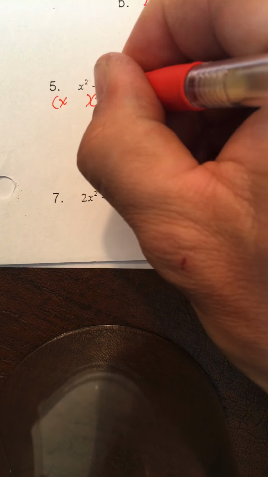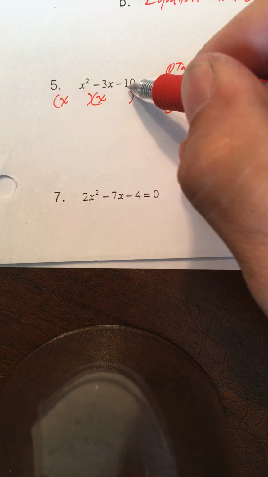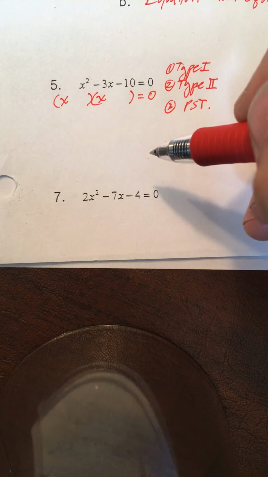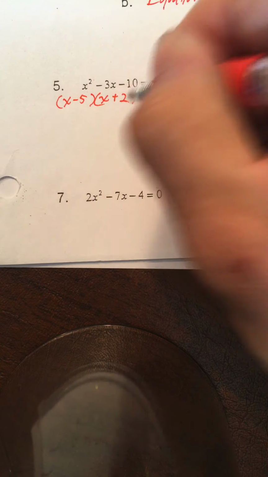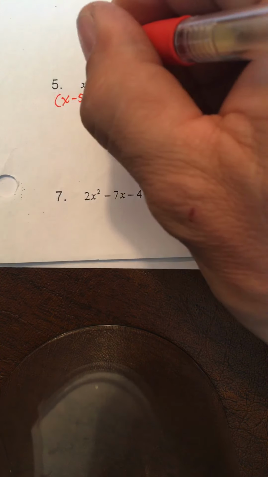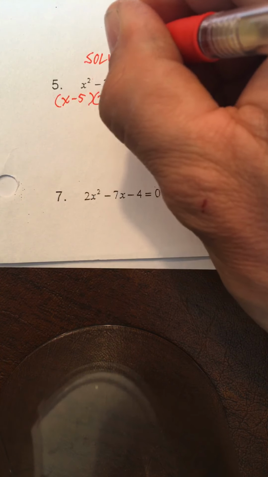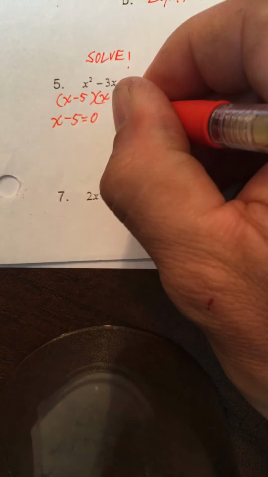And we know that x and x go in those spots there. We're looking for factors of -10 that add up to be -3. So -5 and +2 are the combinations we're looking for. Now keep in mind, the directions here say to solve. So now we're going to set our factors equal to 0.